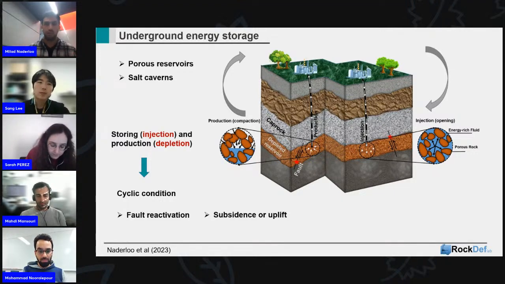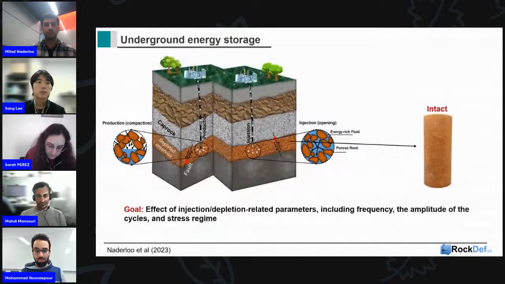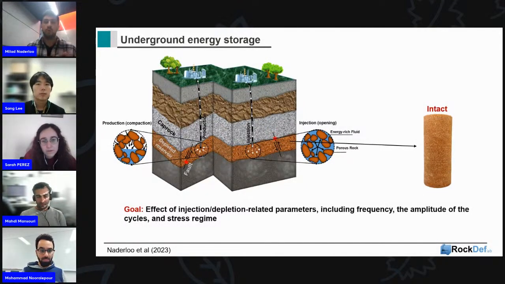But let's just focus on the mechanics here: by applying the cyclic condition, you are imposing change on your effective stress that can drive fault reactivation and subsidence and uplift, which is a big concern nowadays for energy storage.